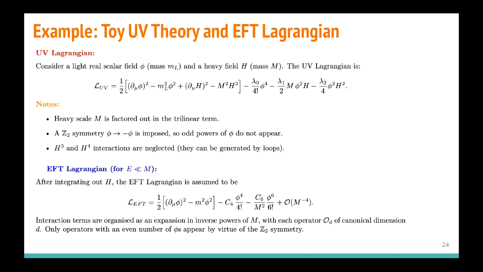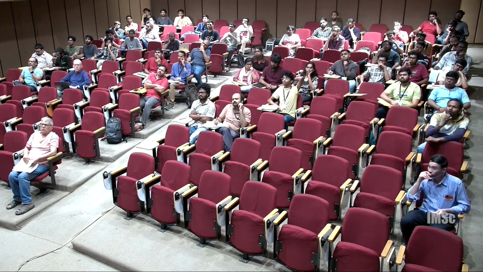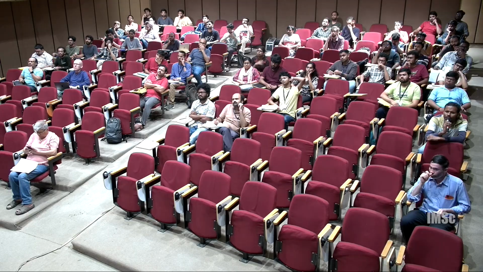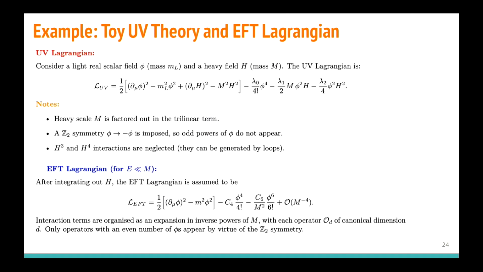Why are you keeping the mass M with the lambda 1, in the term proportional to phi squared h? Is there any necessity to keep it? The second last term? Oh, this one.